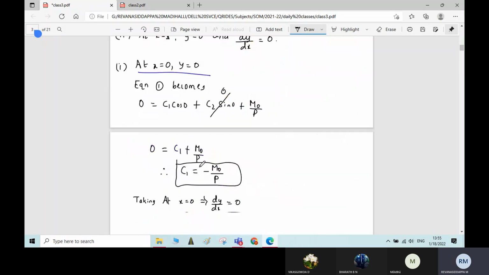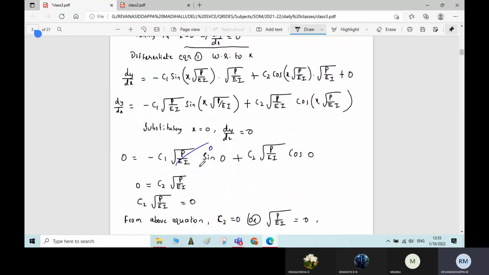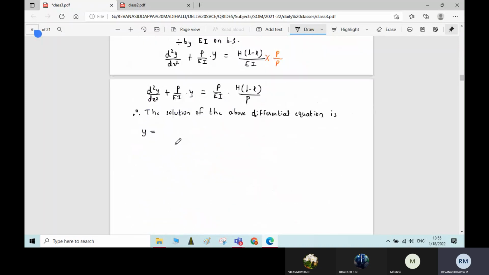Now similarly I will write the solution for the above equation. It will be c1 cos x root p by EI plus the same c2 sin x root p by EI plus what will be this third term, students?